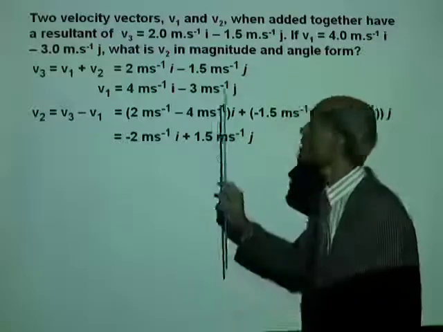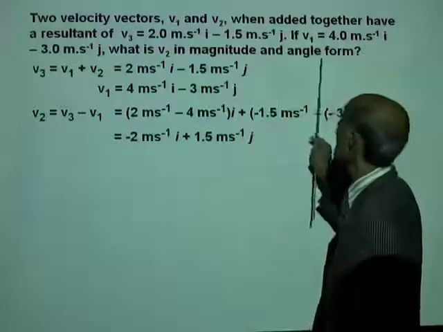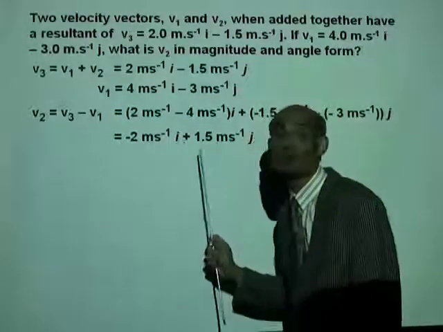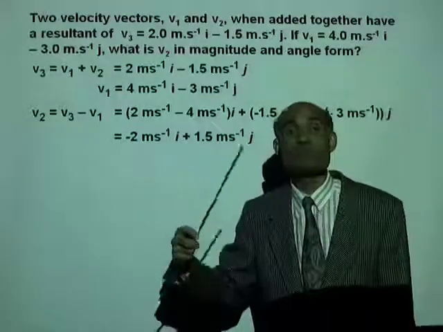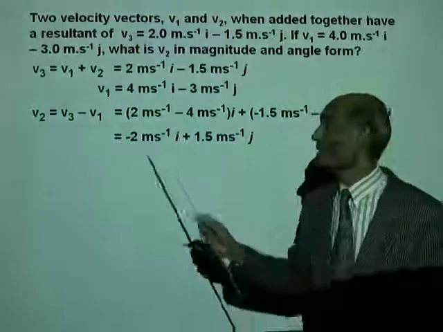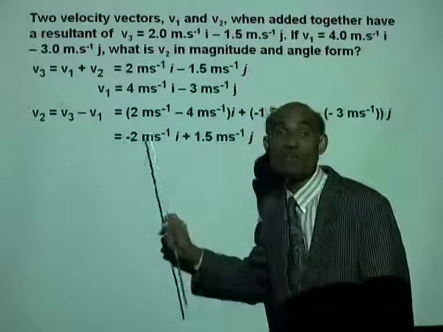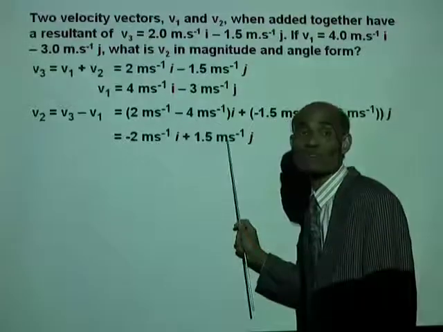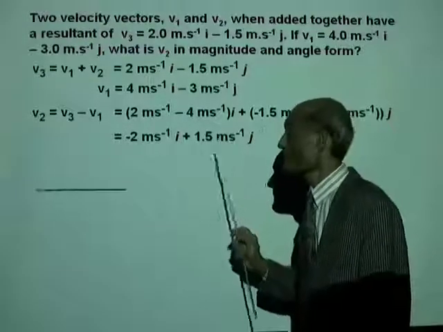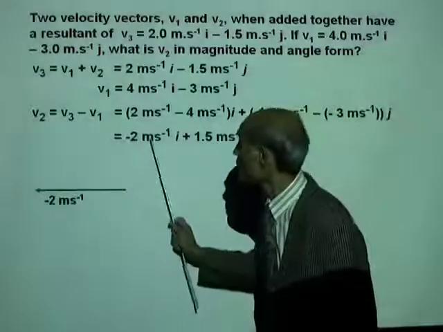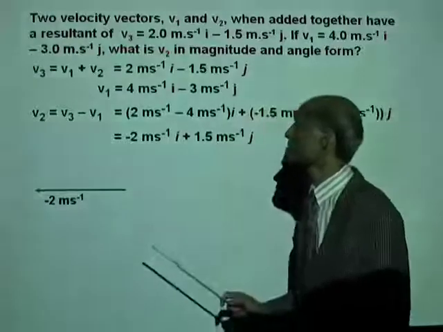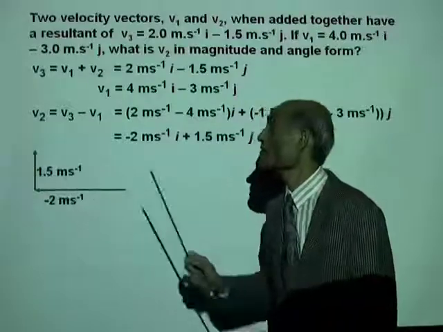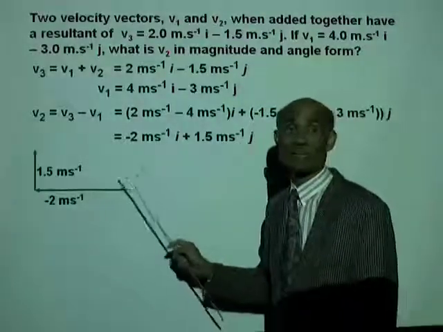Well, now we need to obtain the magnitude and angle. If you know the x and y components, how would you obtain the magnitude of the vector? The magnitude of v2 will be the square root of x squared plus y squared. Right? This is the x component, negative 2 meter per second. This is the y component, 1.5 meter per second.